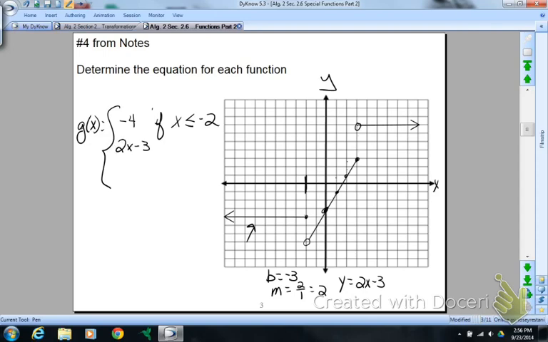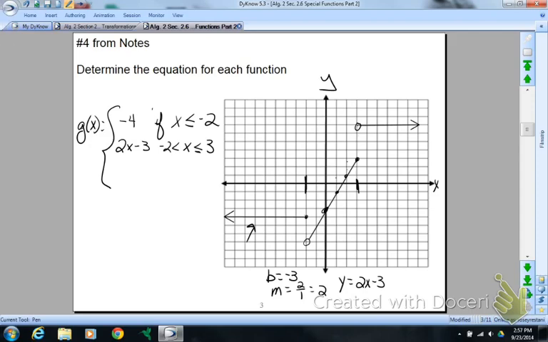My restriction is it's between negative 2 and 3. Thank you. So I'm going to put less than signs. Now on negative 2, it's an open circle, so I put a less than sign. But on 3, it's a closed circle, so I'm going to put a less than or equal to 3.